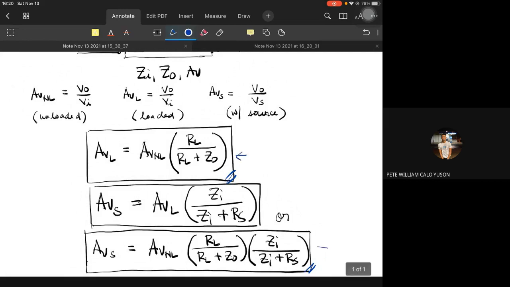This one and that one. I will upload our notes to e-learn later. Take note of these two formulas. So let's try to solve an example.